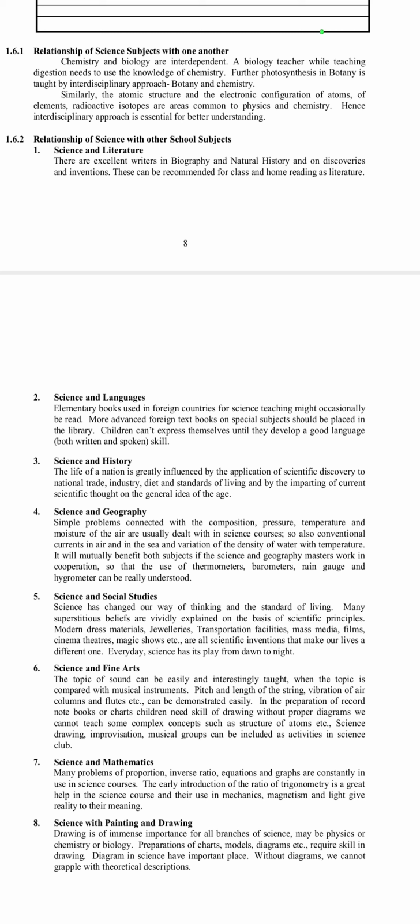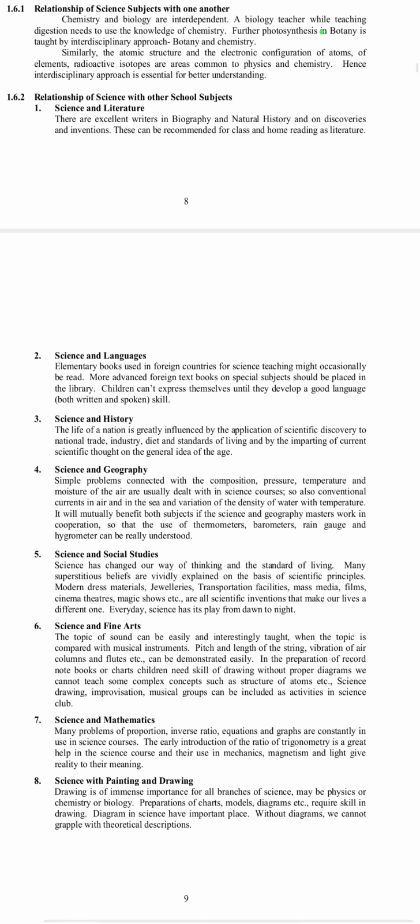And children can express themselves until they develop a good language. So basically, by reading different references or different books, we can eventually develop good language. So that's why science and languages are connected to each other.